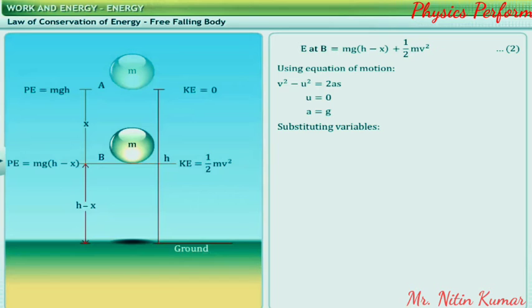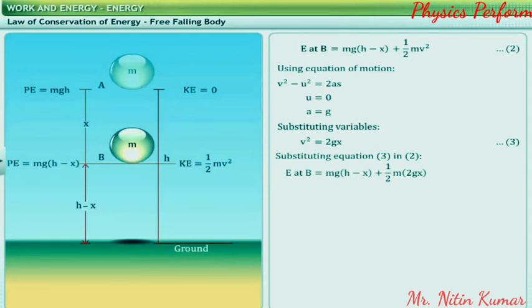Substituting the corresponding variables in the expression for final velocity and simplifying, you get the square of the final velocity of the body at B equals 2gx. Let this be equation 3.